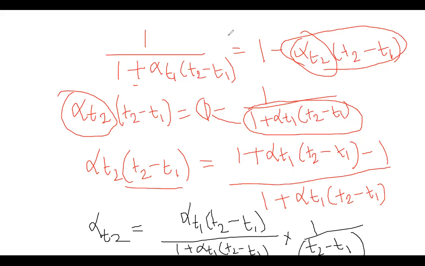So this is going to be cancelled out now. This is cancelled out. So now whatever the equation is representing, it is alpha T2 is equal to alpha T1 divided by 1 plus alpha T1, T2 minus T1.